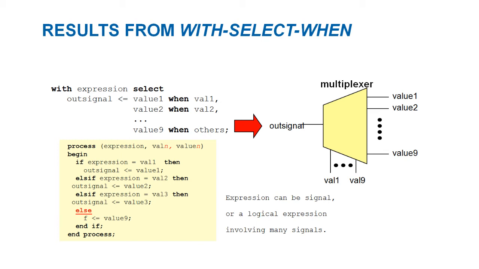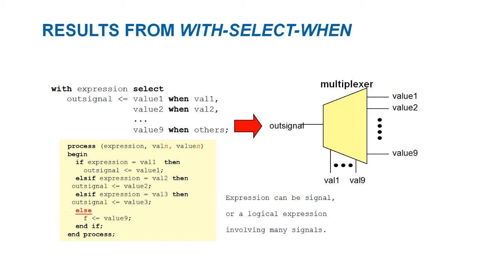If you are to do this with a sequential statement, then we probably have a very large sensitivity list to our expressions, based on the number of values and the number of choices, in order to not generate latches. So here is the diagram.